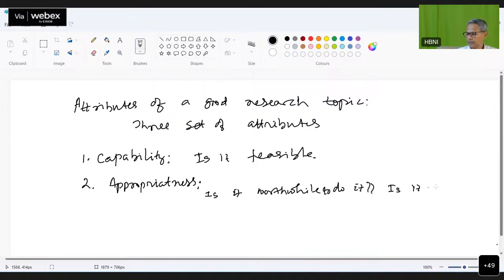Is it new, or is there enough information available in the literature? If there is enough information available, you should not go for that research, because in research you bring new things, contribute to the body of knowledge, and if you feel that it is not happening in that direction, then you should not go for that topic. The third point to consider is relevance.